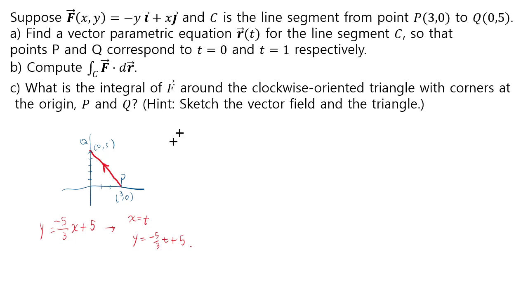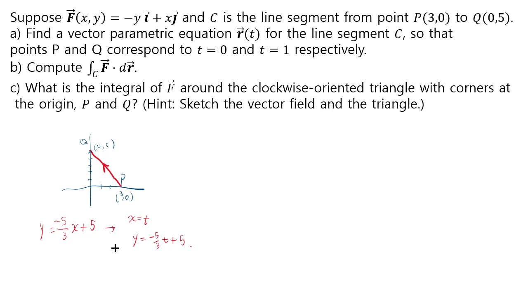The problem with this is they want a parametrization that gives you P when t is 0 and Q when t is 1. If you plug in 0, you don't get that. You get 0, 5. So this actually is oriented in the opposite direction.